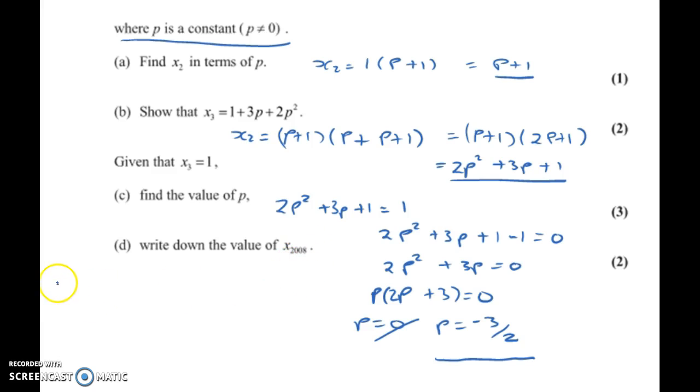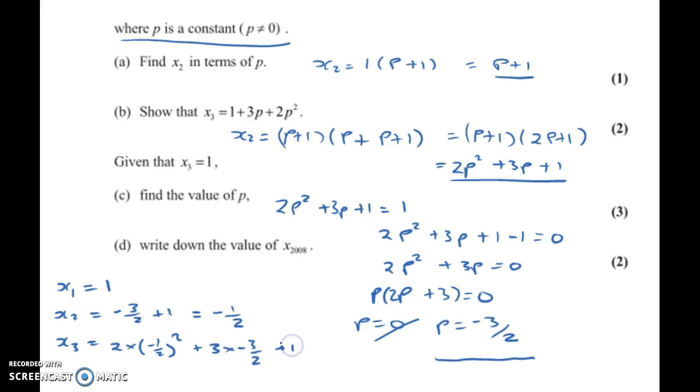So x1 was equal to 1. x2 was equal to p add 1, so that's minus 3 over 2 add 1, so minus 1.5 add 1 is minus 1/2. x3 was equal to 2p squared add 3p add 1, so 2 times minus 1/2 squared add 3 times minus 1/2, minus 1.5, add 1.